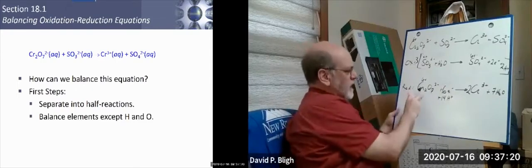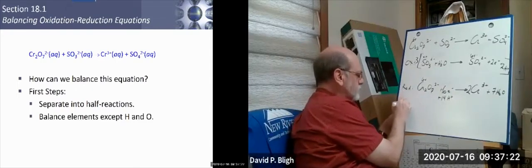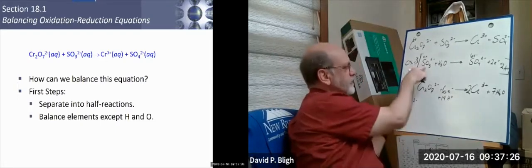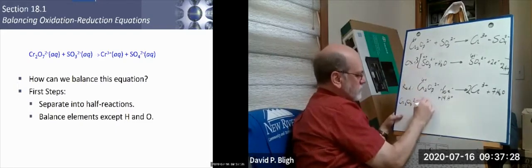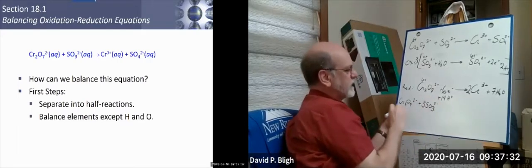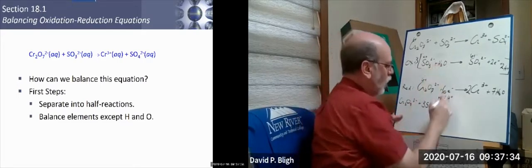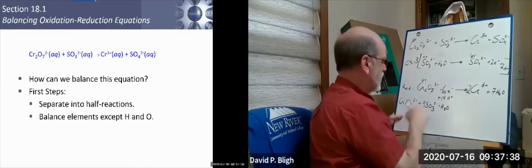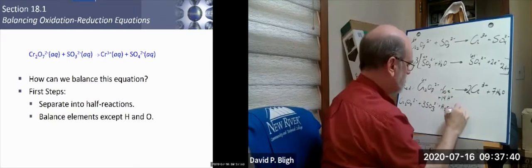So we've got 1 dichromate here. We've got 3 sulfites. Okay. We've got 1 water. And we've got 6 electrons.